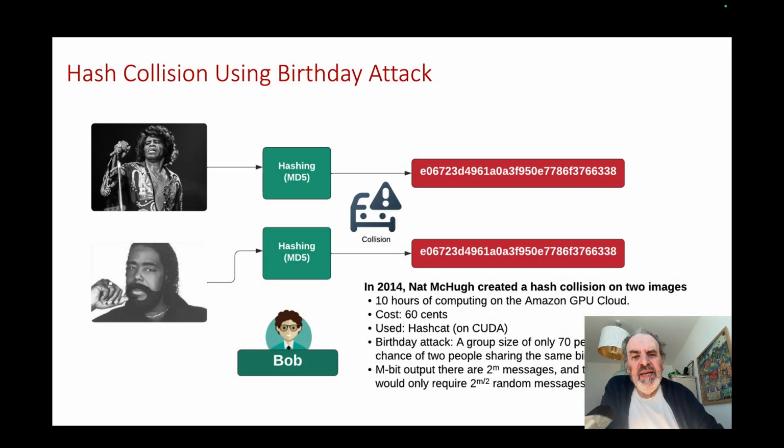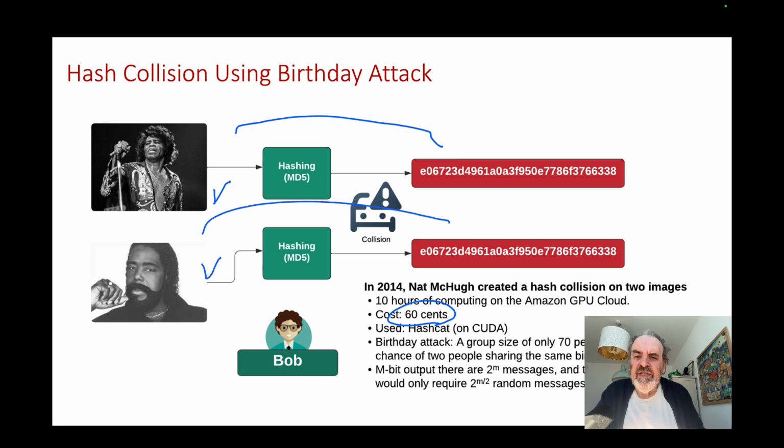But something that's worrying is that we can take, say, two images, and with MD5, we can easily create a collision. So in this case, in 2014, Nat McHugh created a hash collision with two images of Barry White and James Brown, and then stuffed bytes into the images and produced the same hash value as an output.